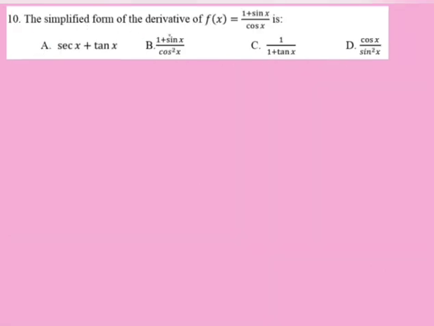The simplified form of the derivative of 1 plus sin x over cos x is what? So the function is the ratio of some trig functions, 1 plus sine x over cos x. So we will calculate the derivative of this function.